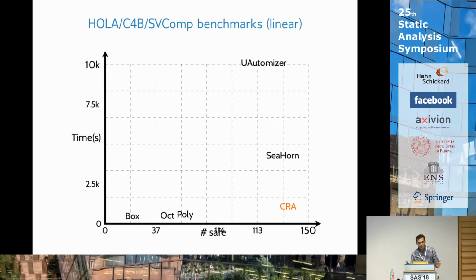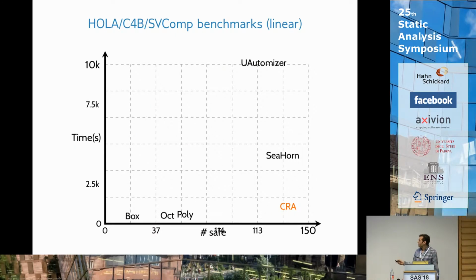So it's not clear that this is a good idea, but experimentally we see that it is. So here we have a benchmark suite of 150 safe linear integer benchmarks, which is the common intersection of what all these tools are capable of reasoning about. We have some abstract interpreters over here, which are fast, but out of the box, not so accurate.